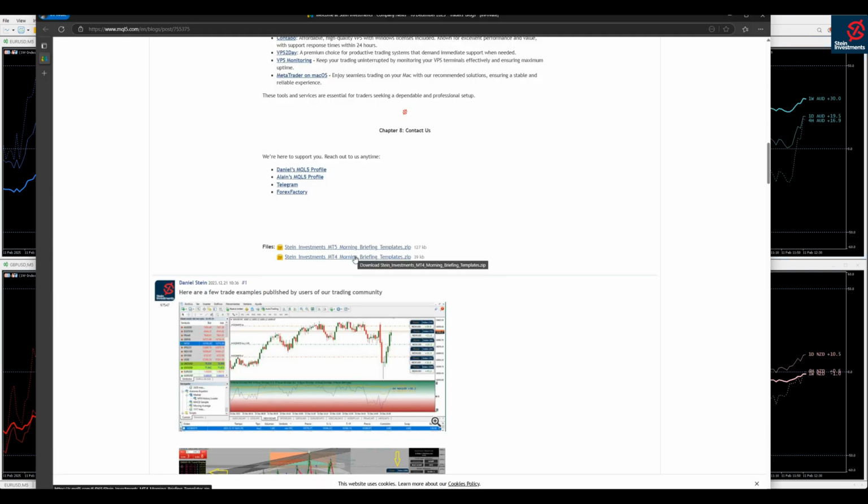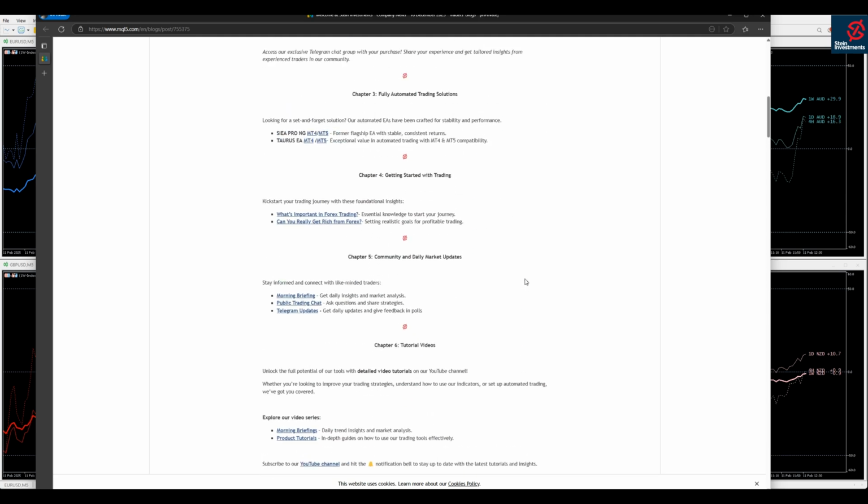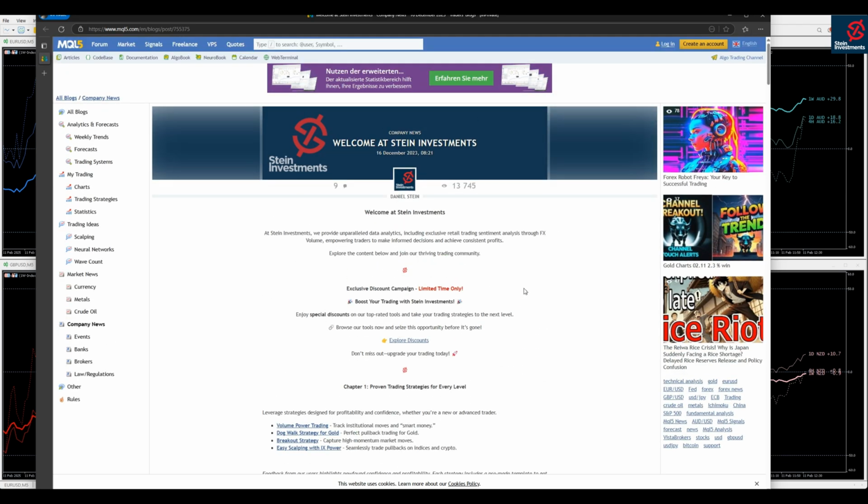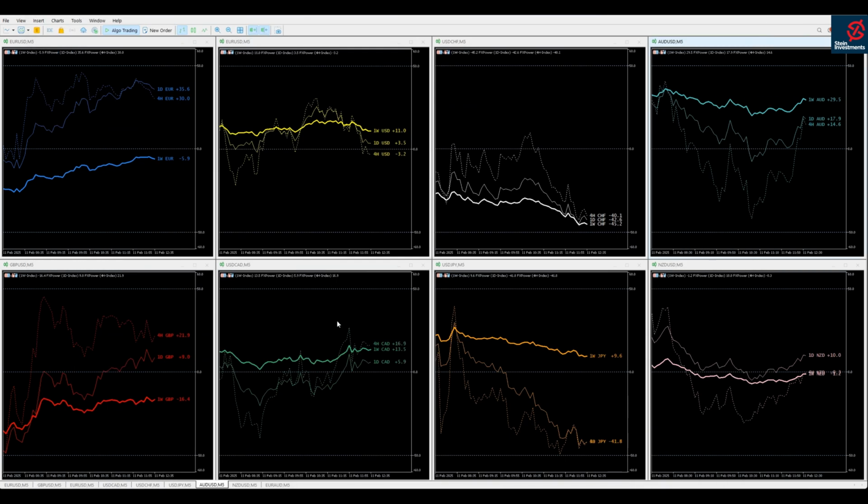You can just unzip it or copy the profile to your profiles folder and run the templates in your usual templates folder, and then you save an immense amount of time, because you don't have to configure everything yourself. You can just load the templates on your chart and you get the exact same view as we present to you daily.